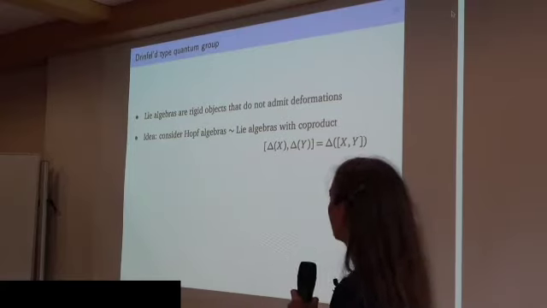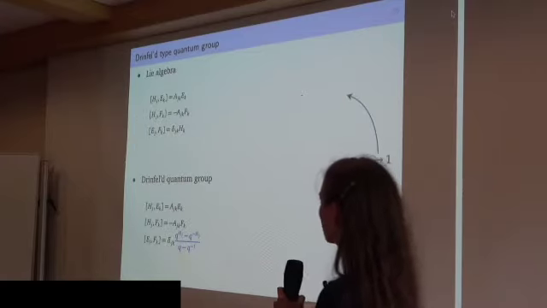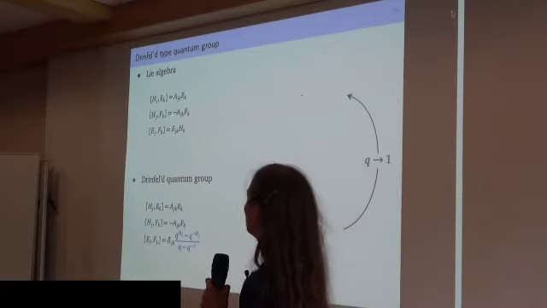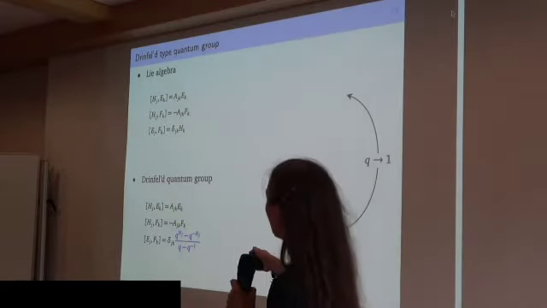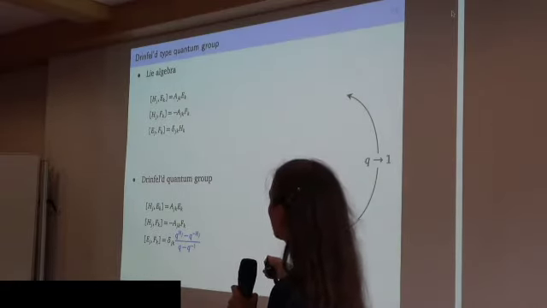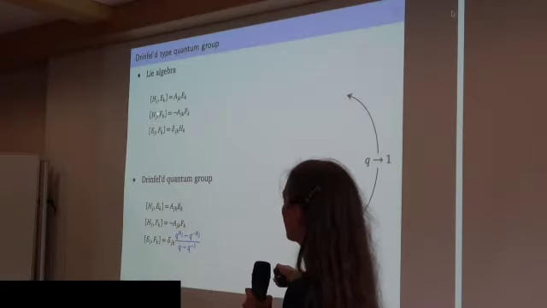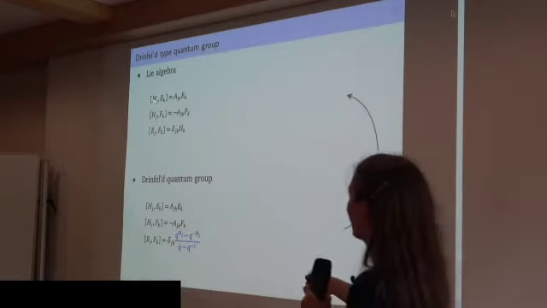So let me give some formulas to explain this. Let us take a Lie algebra with its commutation relations. Here I use E and F for positive and negative roots. Before it was E plus and E minus, but it's the same.